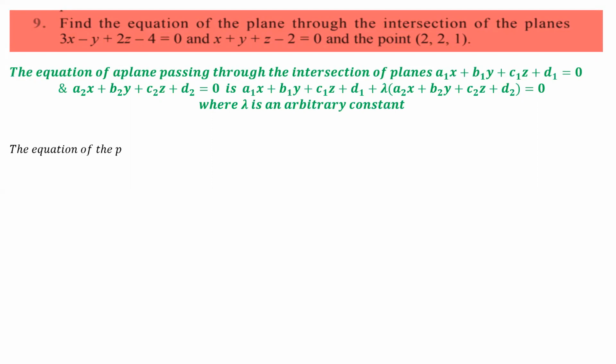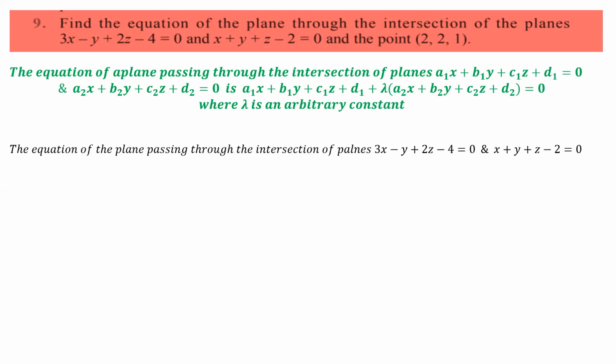The given equations of the planes are 3x minus y plus 2z minus 4 equals 0 and x plus y plus z minus 2 equals 0. So the plane passing through their intersection will be given by 3x minus y plus 2z minus 4 plus lambda into (x plus y plus z minus 2), where lambda is an arbitrary constant.